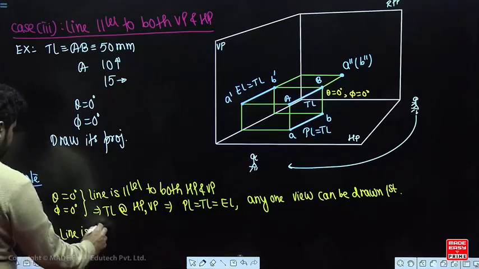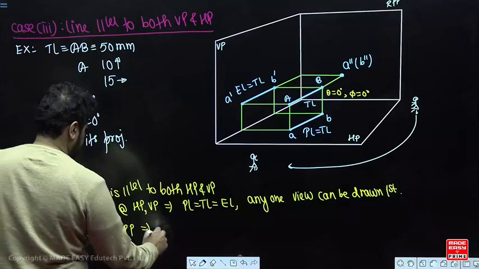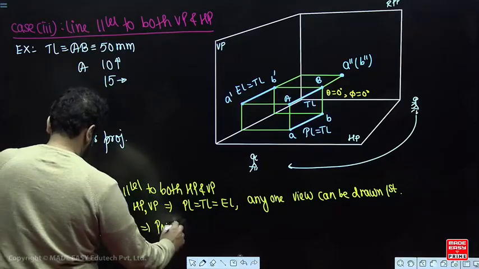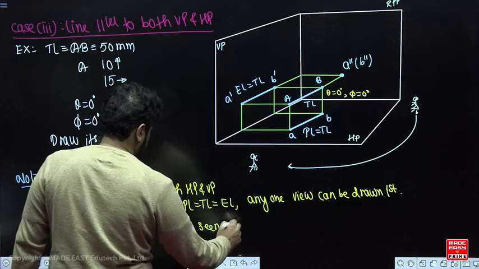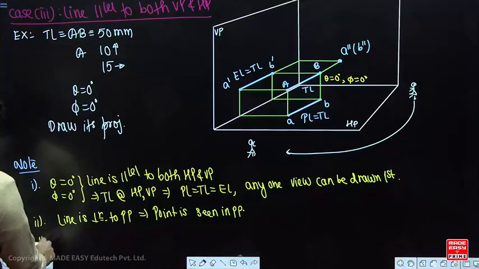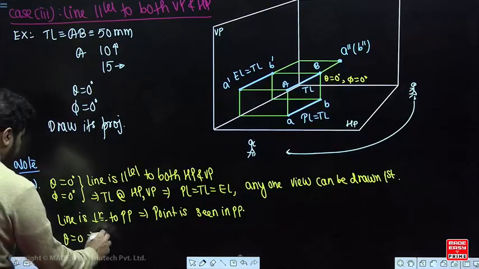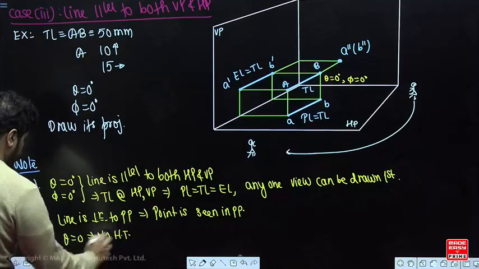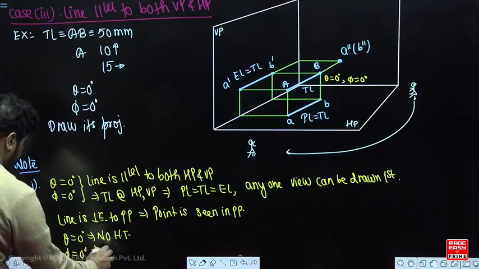Second one, the line is perpendicular to the profile plane. This implies the point is seen in the profile plane, isn't it? So everything you can see here. Theta is equal to 0 degree, no horizontal trace, and phi is equal to 0 degree, no vertical trace.